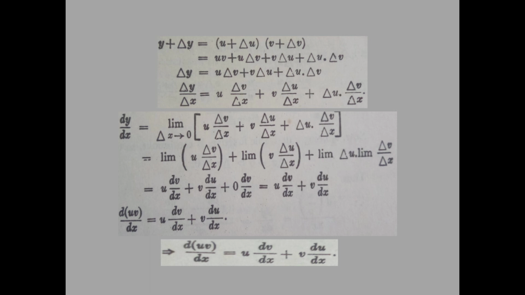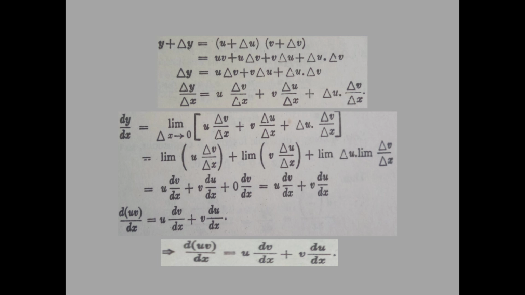So subtracting y on both sides, delta y is equal to u into delta v plus v into delta u plus delta u into delta v. Again, you note that y is equal to u into v, so y on the LHS and uv on the RHS get cancelled, and we retain this expression. Again, dividing by delta x and then delta x tending to 0, the LHS becomes dy by dx.